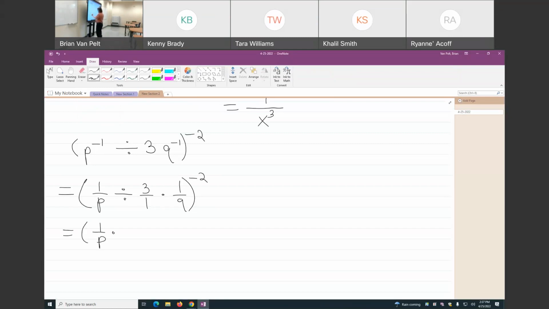Flip the second fraction, so 1/3 times 1/2, all that raised to the -2 power. So now you see that you can put the fractions all together into one. It's common to write the number part of it first, so I'm going to write 1, 2.